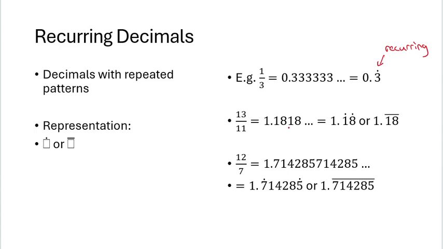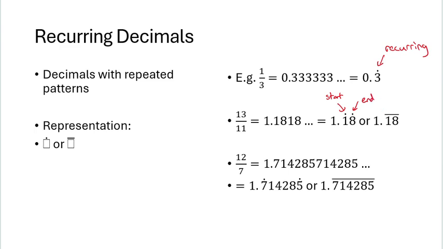Another example is here, 13 over 11, you end up getting 1.1818. So as you can see here, the 1 and the 8 keep repeating themselves. So what you can do is you put the dots on both of them. This indicates the start, and this indicates the end of the repeating cycle.